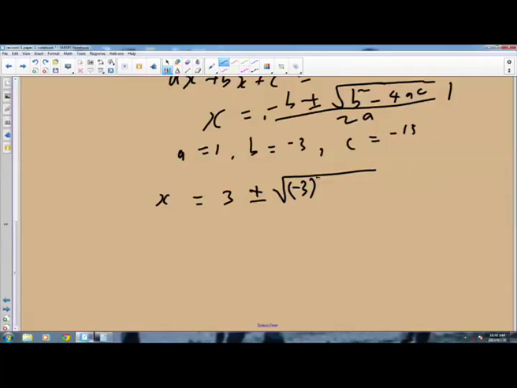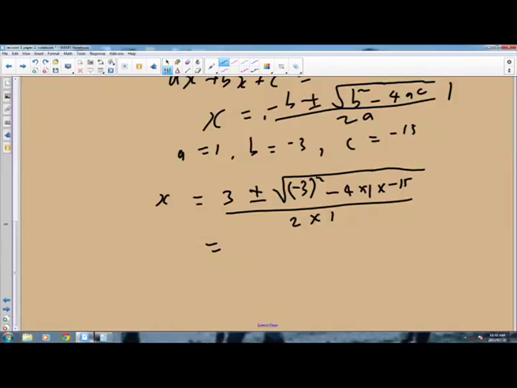We are not squaring the 3 here, but you are squaring the negative 3. So it's minus 3 times minus 3, bear that in mind, minus 4 times 1 times negative 15. The square root sign has to cover the whole of this, divided by 2 times 1, because our a is 1.